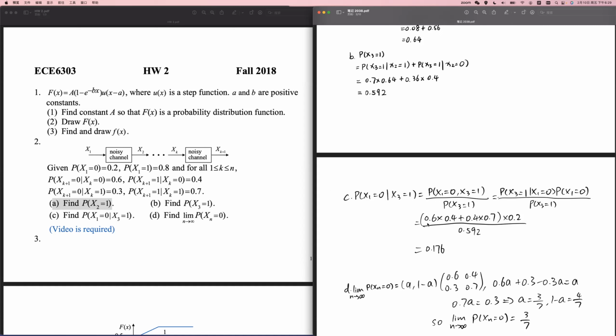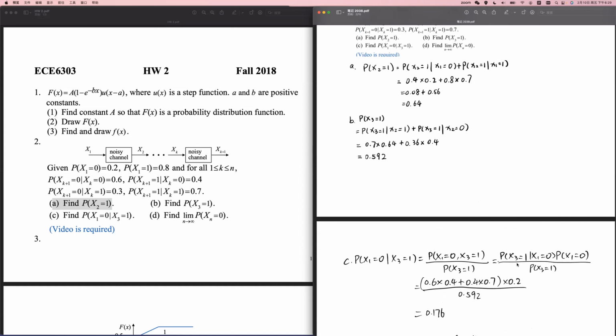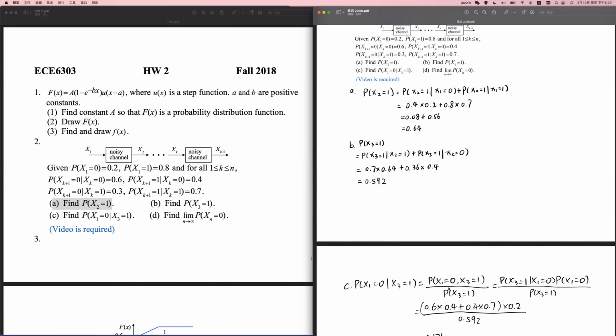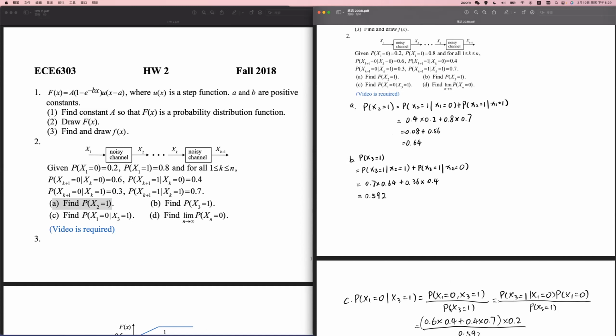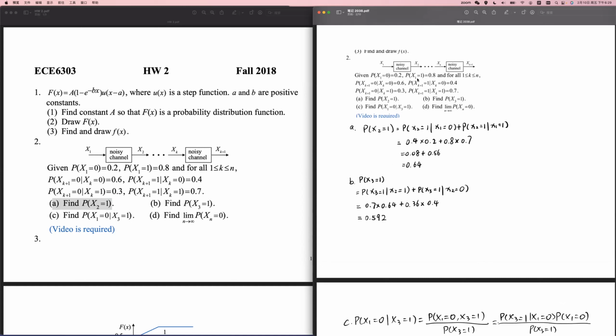So I get 0.6 times, so for this part, given x1 equals 0, the probability of x3 equals 1 is 0.6 times 0.4, because I already know that x1 equals 0. So I just need to calculate the probability of x2 and then x3.